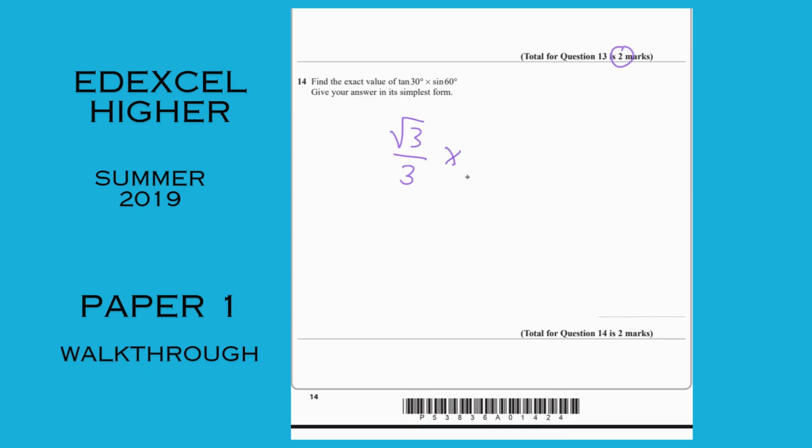And sine 60 is root 3 over 2. And as long as you know that, you can see this question isn't so bad. Top times top, it's root 9, or in other words 3. Bottom times bottom is 6. Simplest form. Looks easy, but only if you know those equivalents.